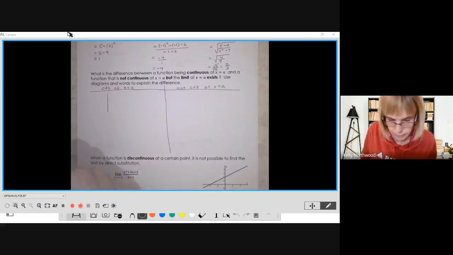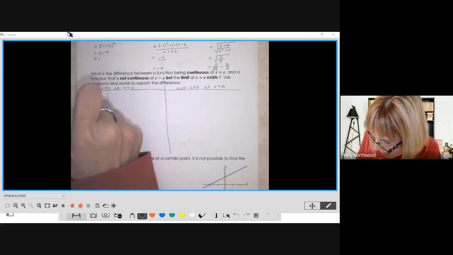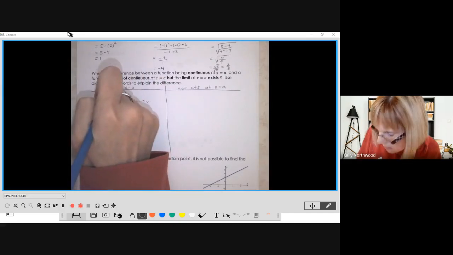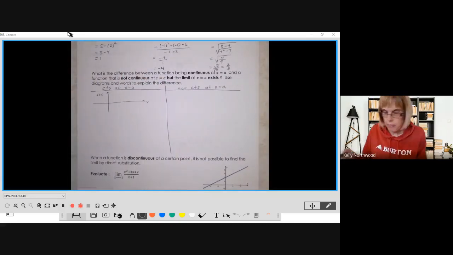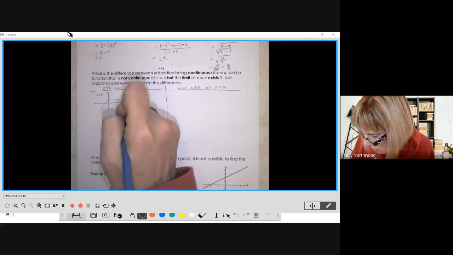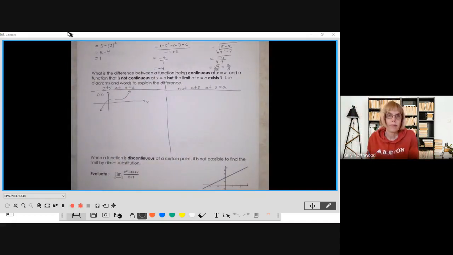So there's my f of x axis. Here's my x-axis. And I'm going to make a curve. And that one you can see is continuous everywhere.